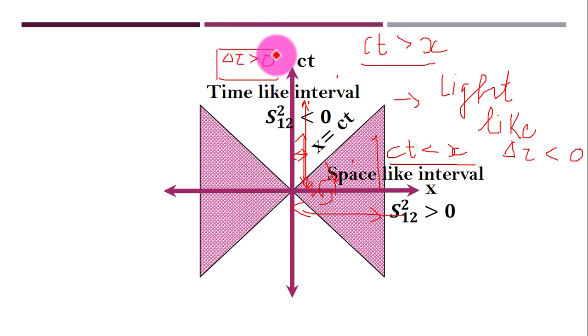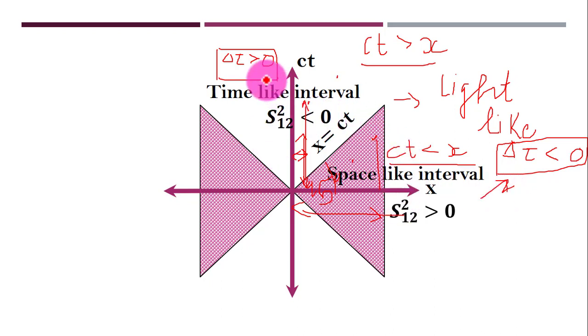So real events occur in this region, and where delta tau is imaginary, what it means is that the proper time is imaginary, so we cannot define a frame of reference where these two events will occur. Whenever delta tau is imaginary, that frame of reference cannot be constructed, where the particular event would occur. We cannot find such a frame.